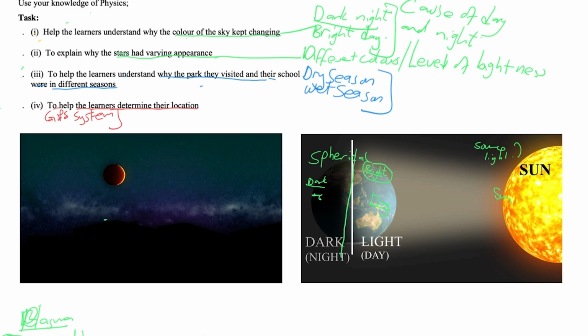This is the global positioning system. It is a system that enables us to find the location of any area where we are. So these learners can turn on the GPS system such that they can find where they are.